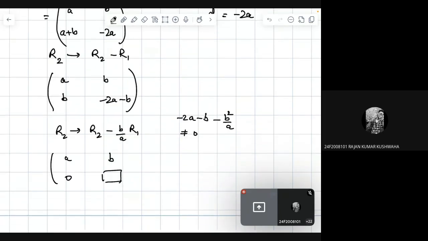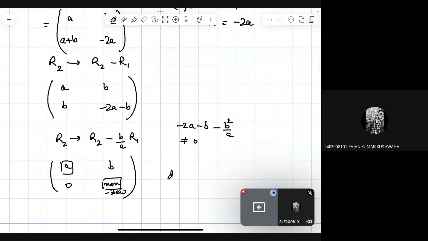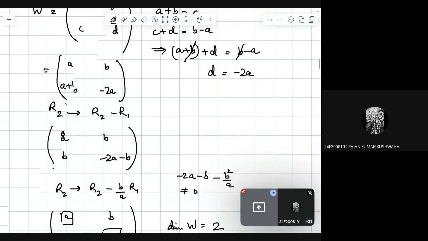Some non-zero number here, some non-zero number here, which means that dimension of W is equal to 2 because the rank of W is coming as 2. Okay.